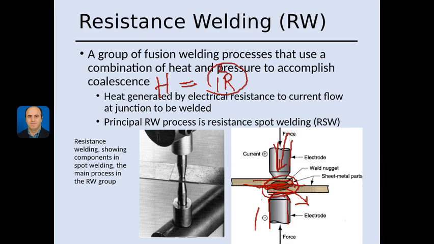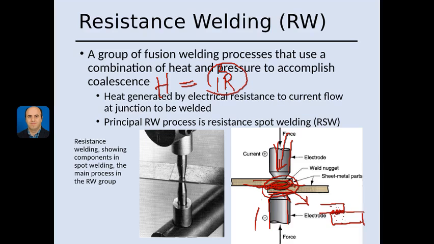The reason that we have melting at the center is that the resistance at this area is higher than inside the metal, because we have some air gap located between the plates. So if you have an air gap, the resistance is going to be higher, right?